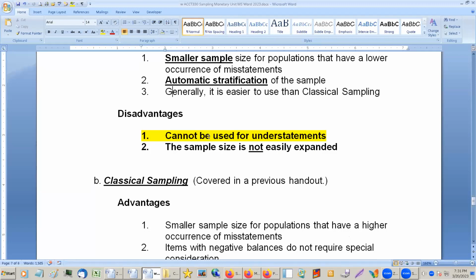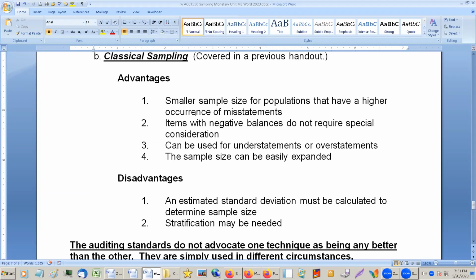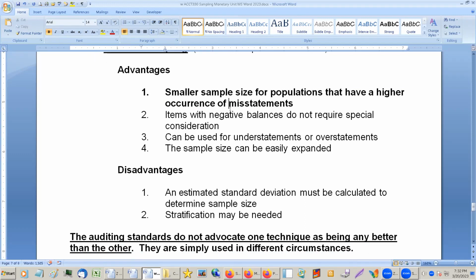You can't do that because it'll change your sample. Okay, classical sampling. If they do have a lot of errors in the sample, you can get smaller sizes for classical sampling. So it handles variation better.